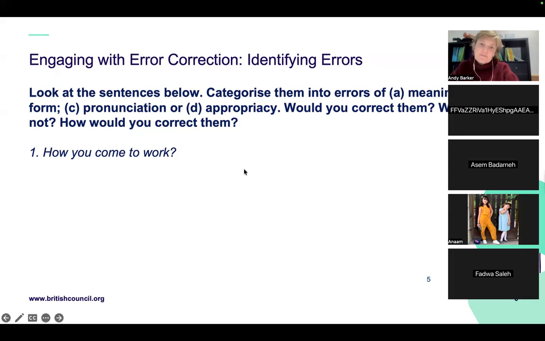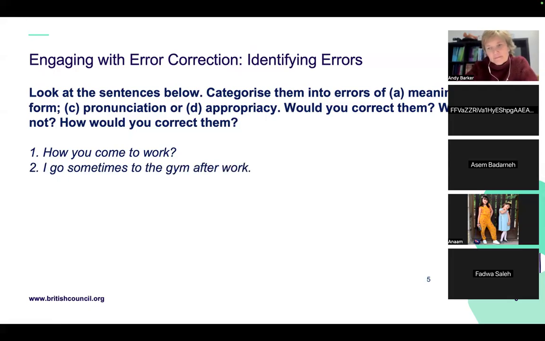Okay, look at the next one. With the word order, teacher. If it's something that you're correcting that's in written form, what would you do?